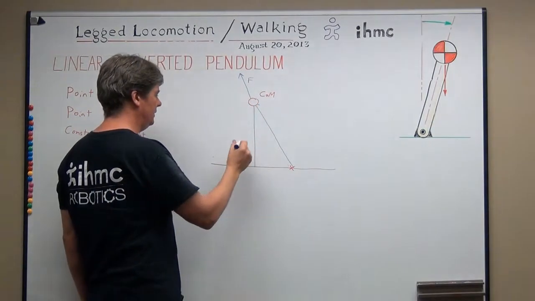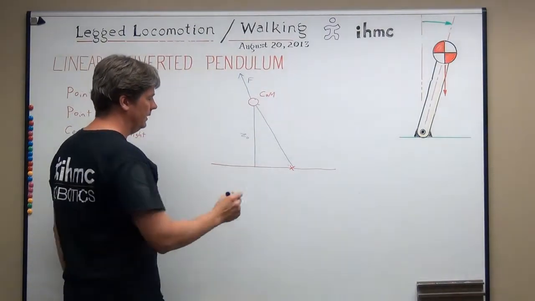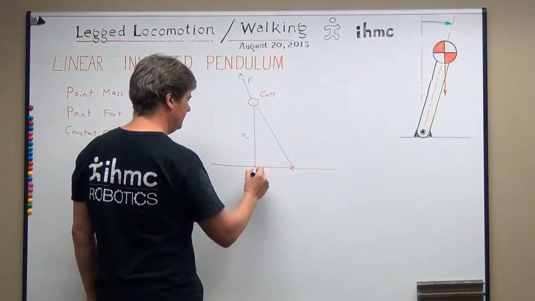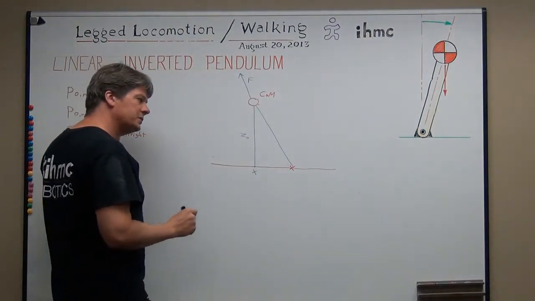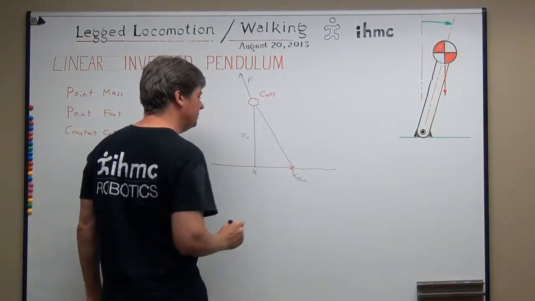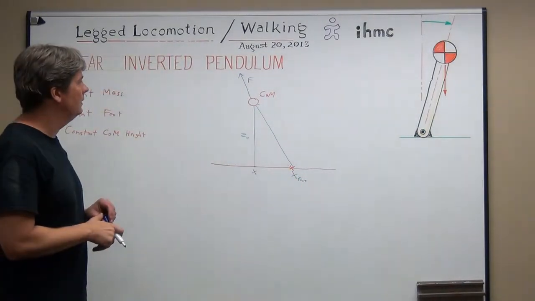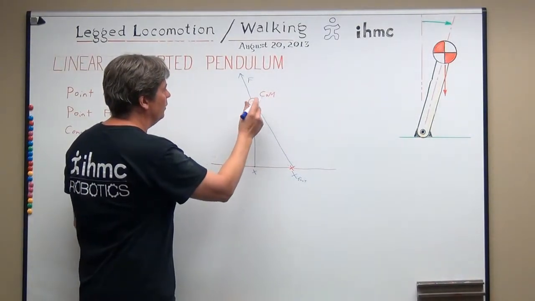Since we're at constant height, let's call this distance z naught. And let's call the location of the center of mass x, and the location of the foot x foot.